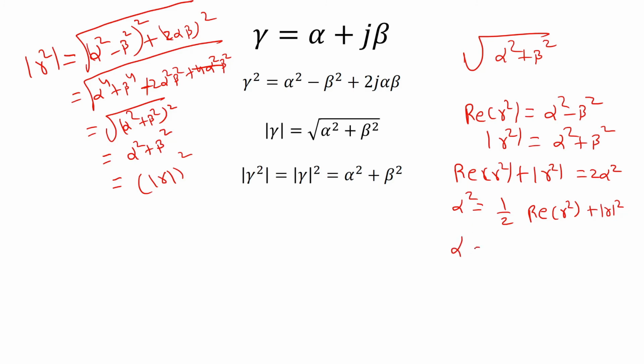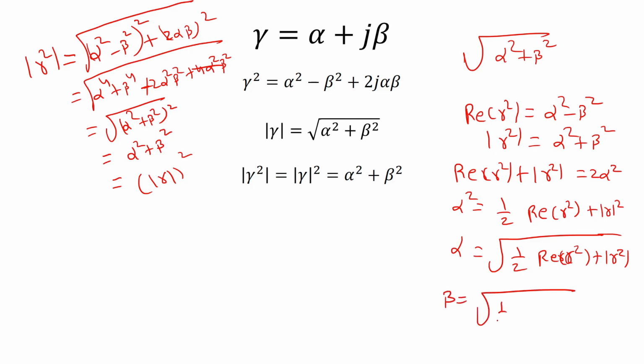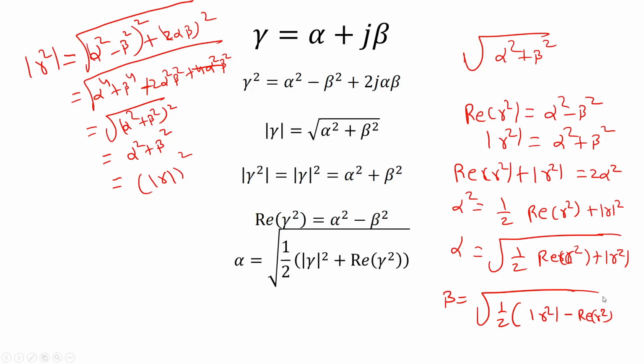Now, alpha is equal to root over 1 by 2 (real part of gamma square plus mod gamma square). Beta is going to be root over 1 by 2 times (mod gamma square minus real part of gamma square). So this is the relationship of alpha and beta to the mod of gamma square and the real part of gamma square.